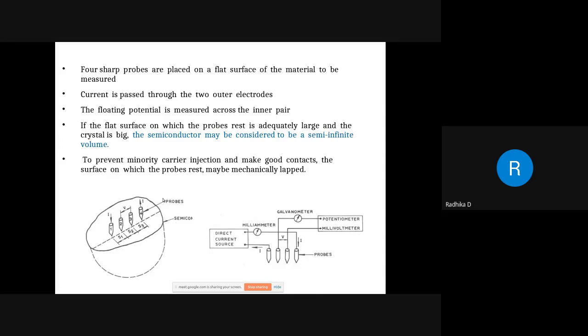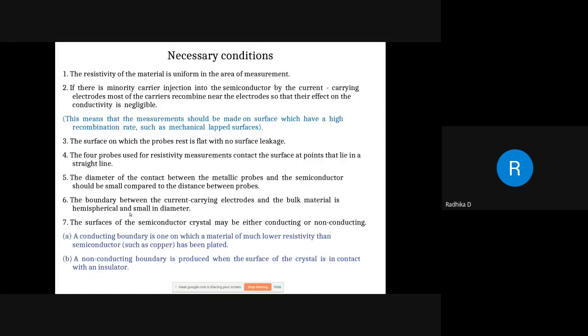At a particular temperature, I will get one value of resistivity. Obviously, if I change the temperature, the resistivity will be different. As I said earlier, if you use sandpaper or do that lapping on the surface, you can get rid of the problem due to the minority carriers.